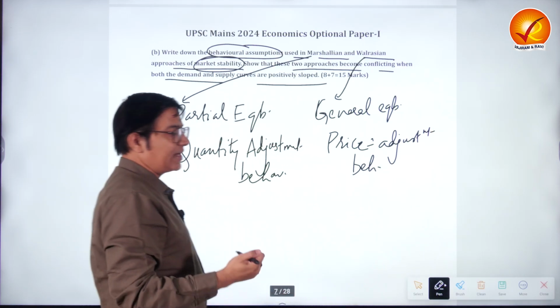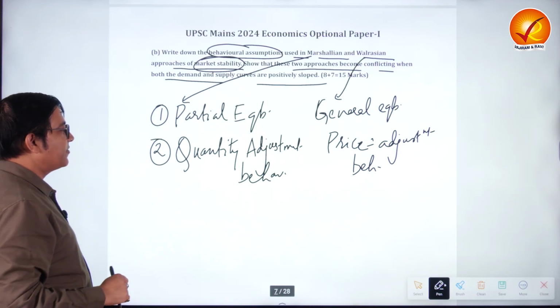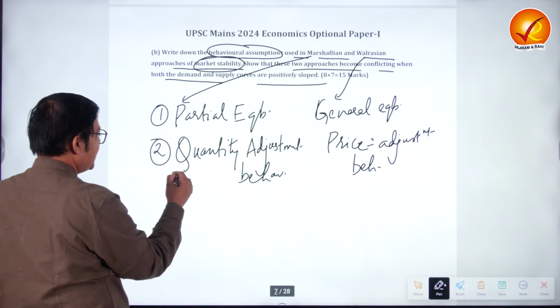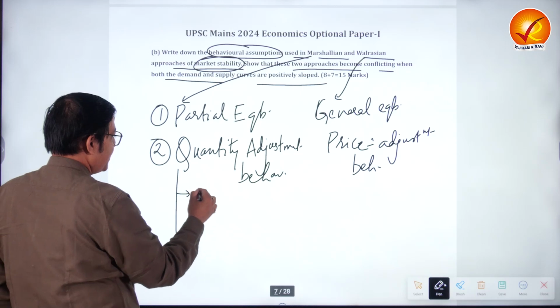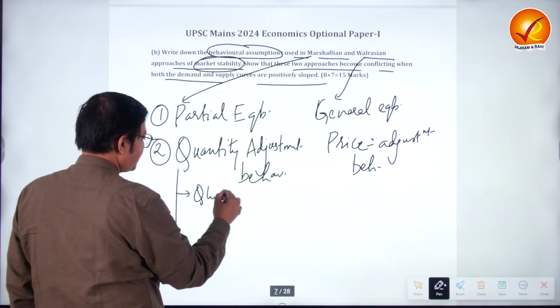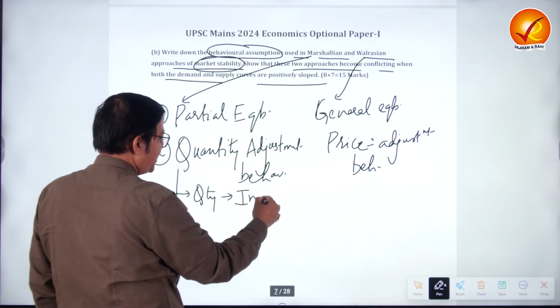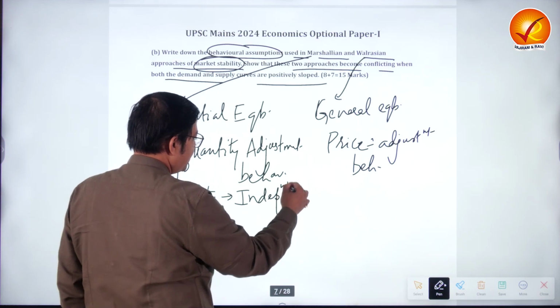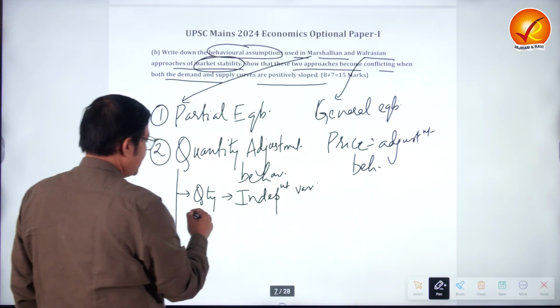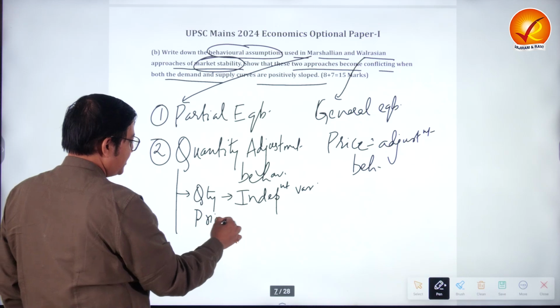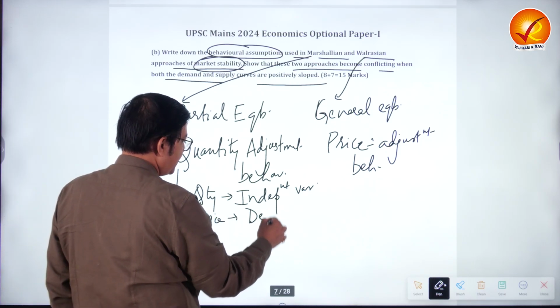You can also say it in slightly mathematical language: in case of Marshall, quantity is the independent variable and price is dependent on that.